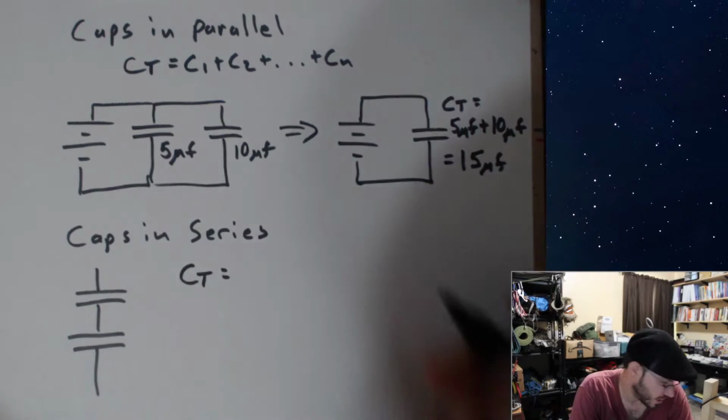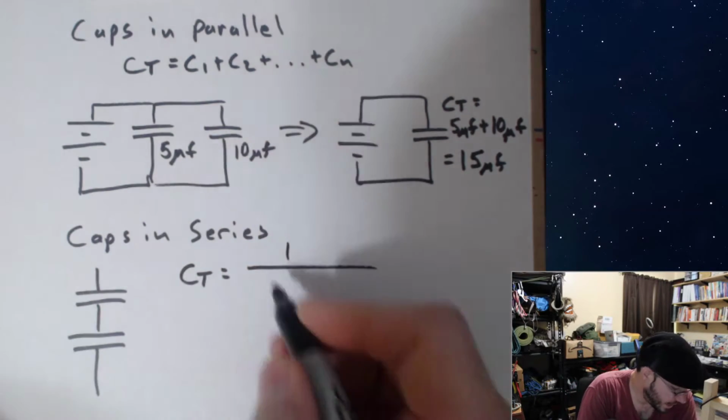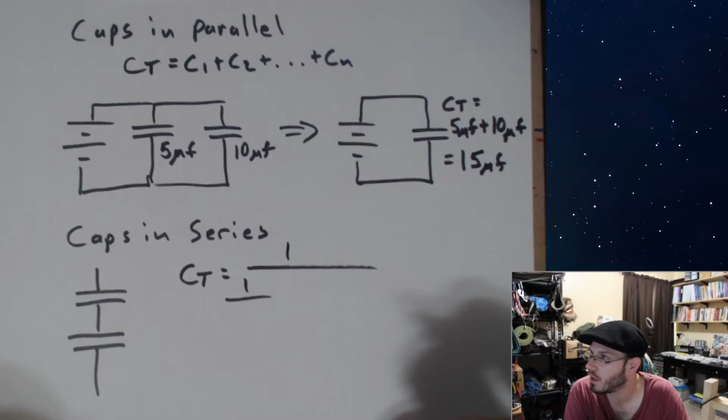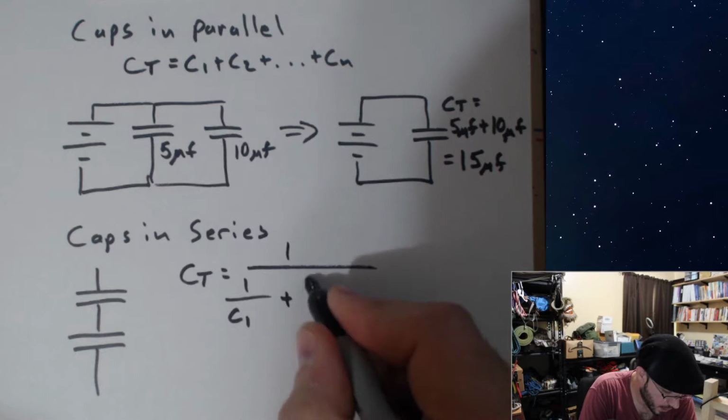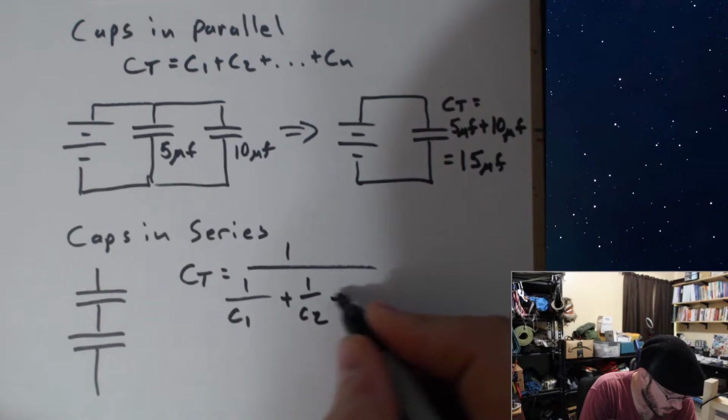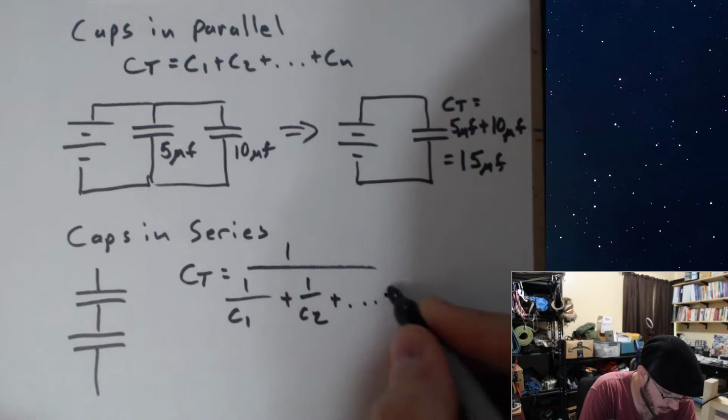It's the same equation. We get 1 divided by the summation of all the inverses of the capacitance. So you get 1 over C1 plus 1 over C2 plus ... plus 1 over Cn.